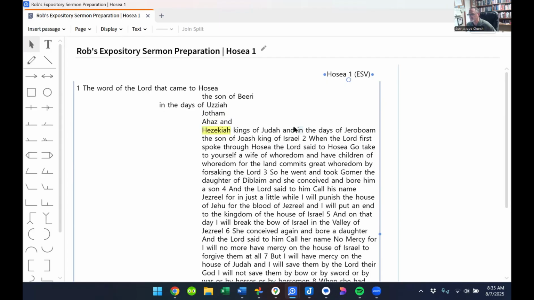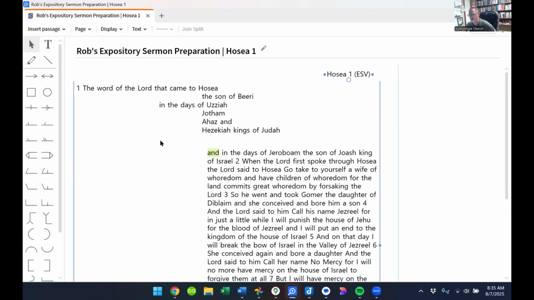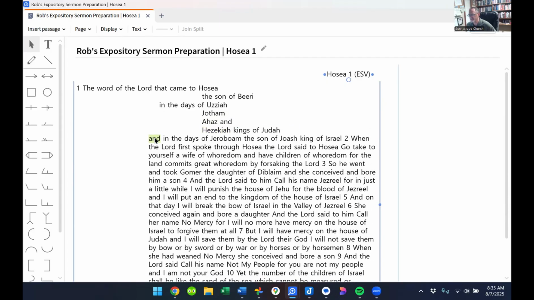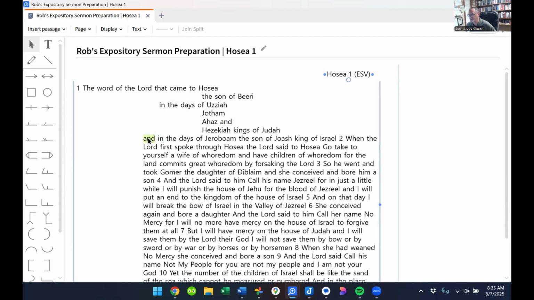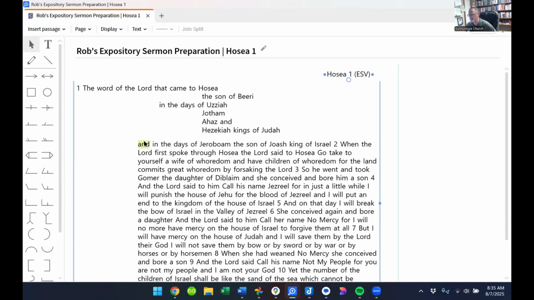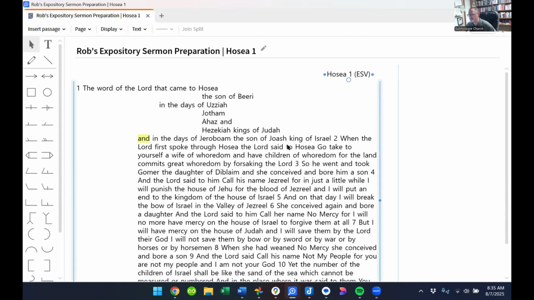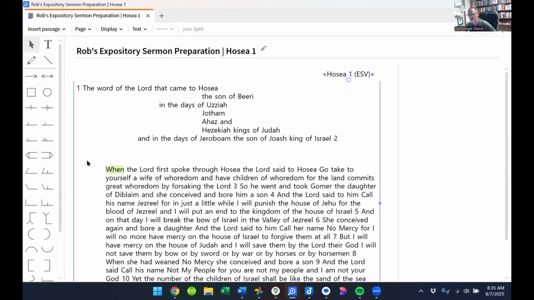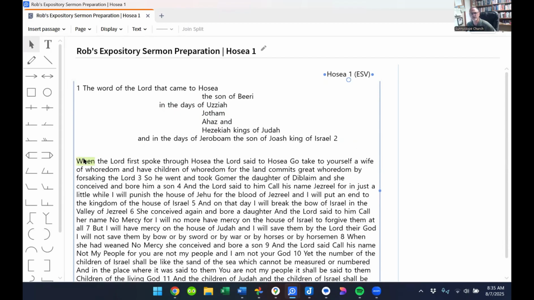And then you can see, in the days of Jeroboam. So this helps you see these are the kings of Judah, and then in the days of Jeroboam, the son of Joash, king of Israel. That just helps us locate the text in terms of chronology and history.